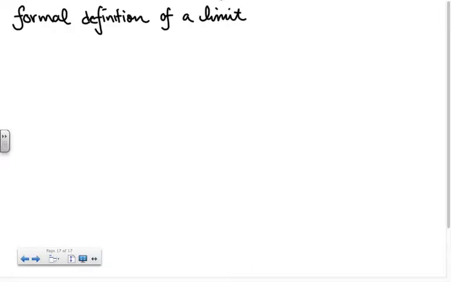So when we talk about the formal definition of limit, what did we talk about in our informal definition? Approaching numbers from two different points, from the right side and from its left side. The formal definition makes precise what this concept is.